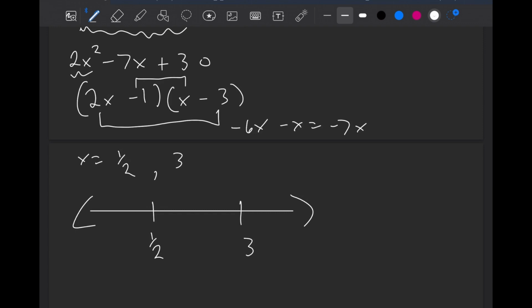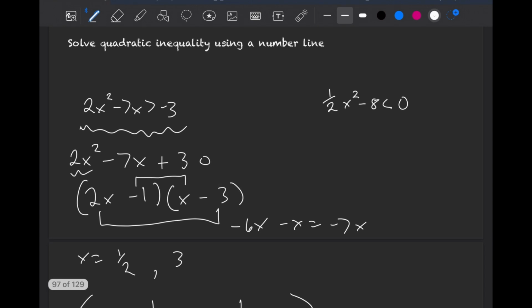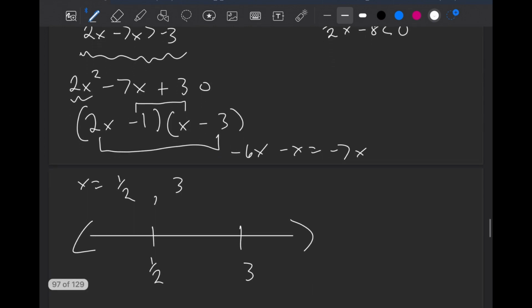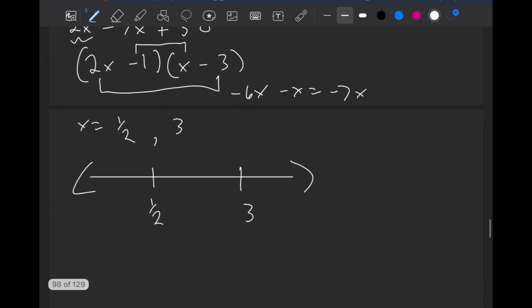And now what you're going to do is test where the inequality is true. Like what numbers for x around those endpoints make it greater than minus 3. So if we plug in, for example, 0 for x, we will get 0 is greater than minus 3, which is true. And 0 is over here, so I'm just going to make it blue.